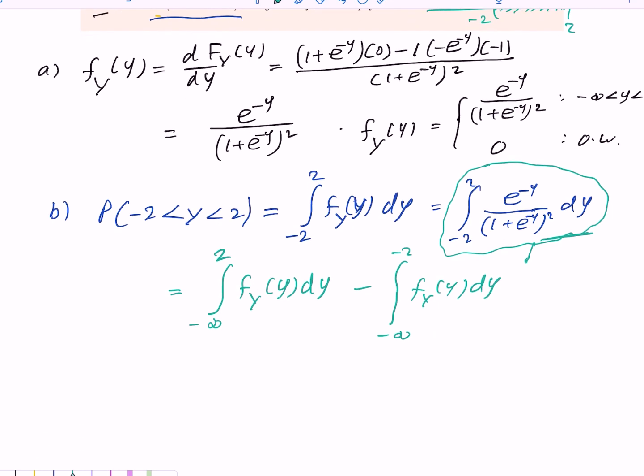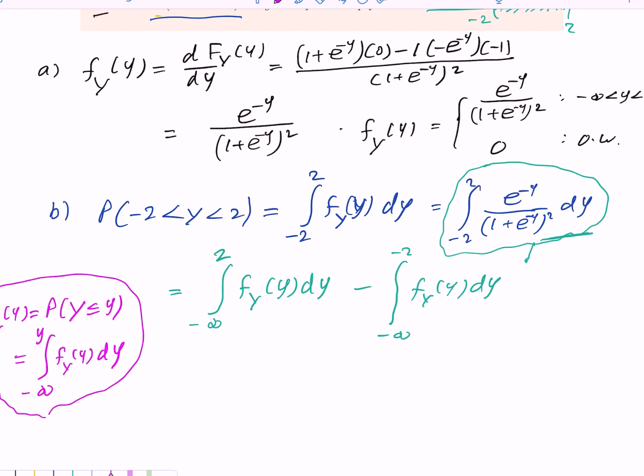Okay, now what is this? You know F_Y(y) equals P(Y less than or equal to y). So if you write negative infinity to y of f_Y(t) dt, that is the CDF. That's the definition.